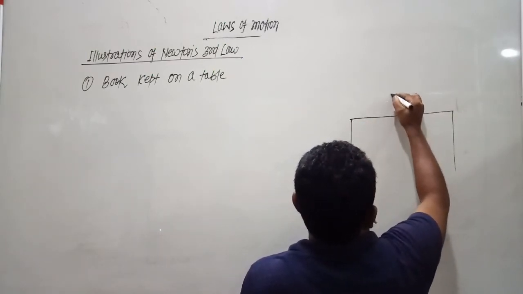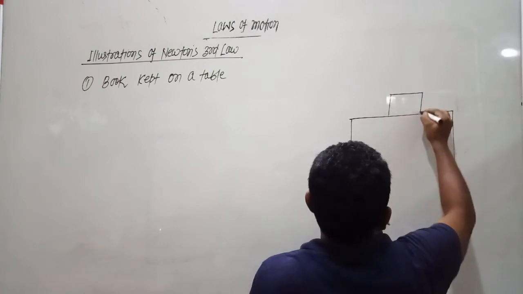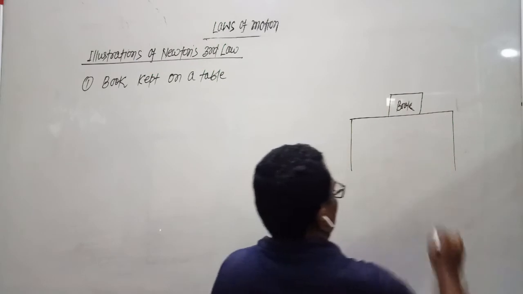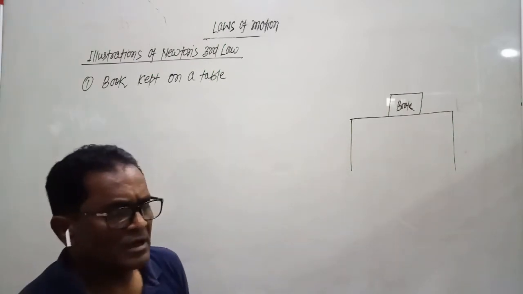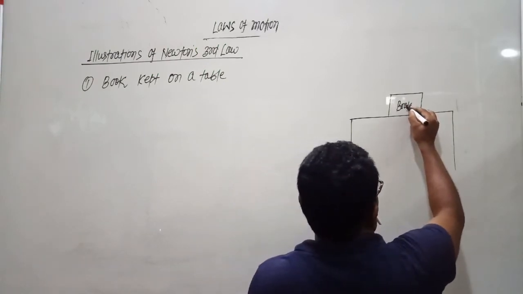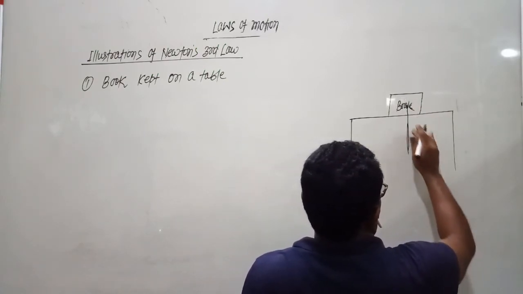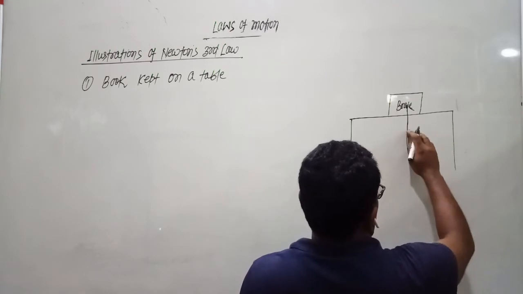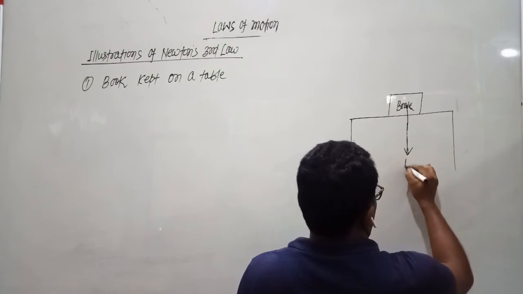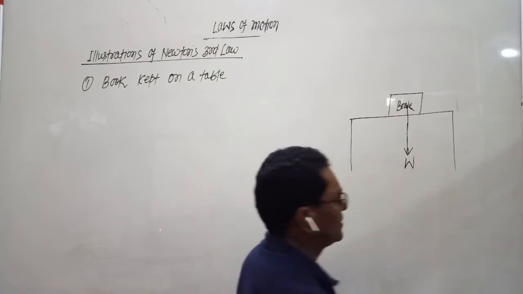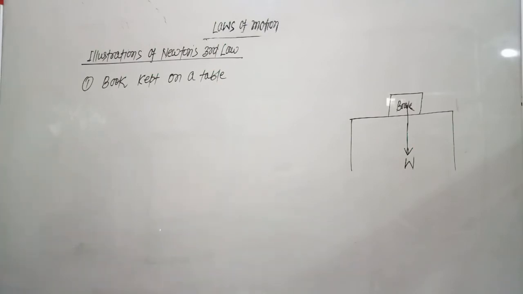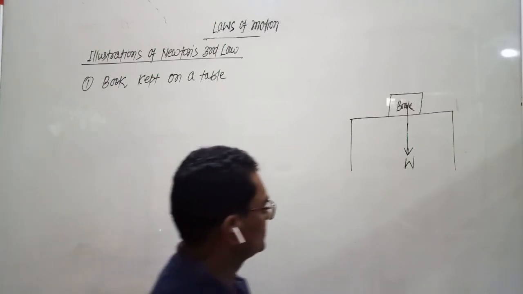There is a table and a book is placed on the table. The book exerts a force in the downward direction in the form of weight W, because the weight of a body acts vertically downward.